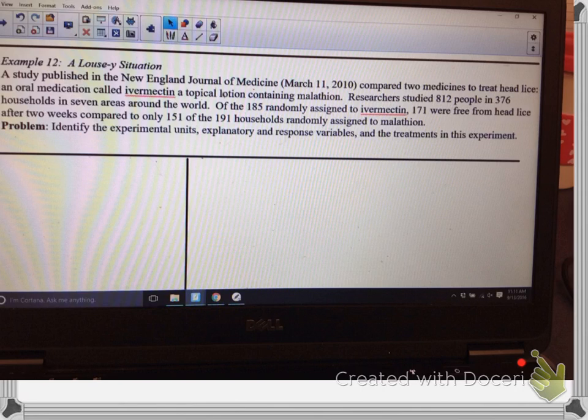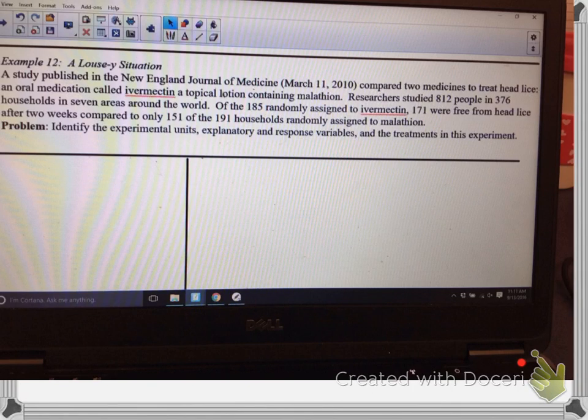A study published in the New England Journal of Medicine compared 2 medicines to treat head lice, an oral medication called ivermectin and a topical lotion containing, I'm going to botch this, malathion. Researchers studied 812 people in 376 households in 7 areas around the world.